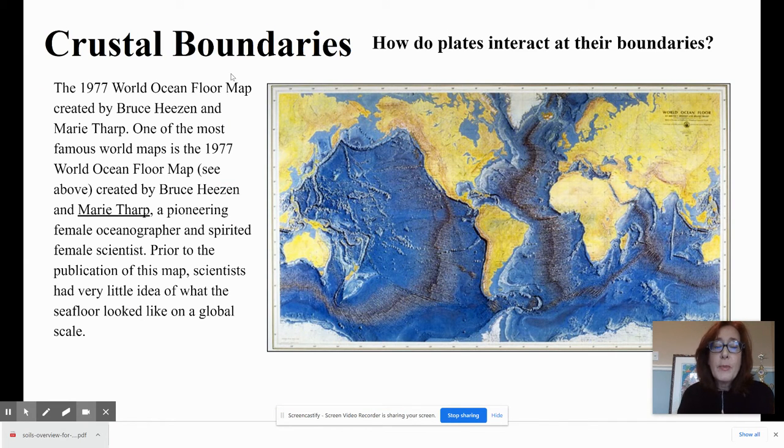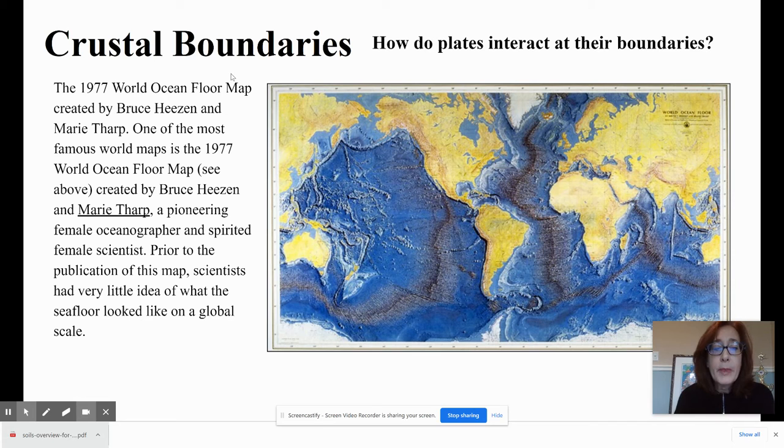So we're going to be talking about crustal boundaries and how these plates, the continental plates, interact at their boundaries. I've got to just mention that in 1977, the World Ocean Floor Map was created by Bruce Heezen and Marie Tharp. She was one of the most famous women scientists of the time.